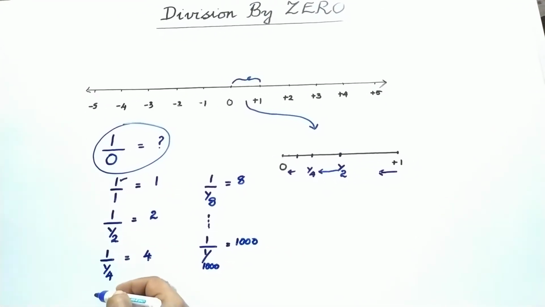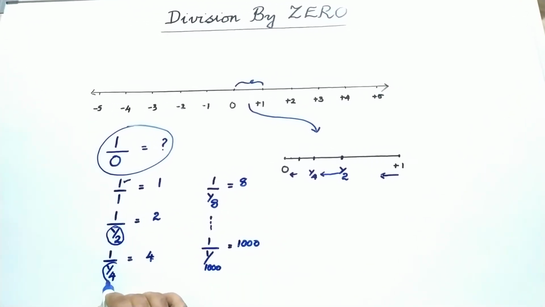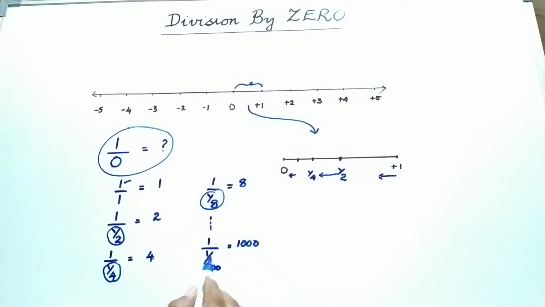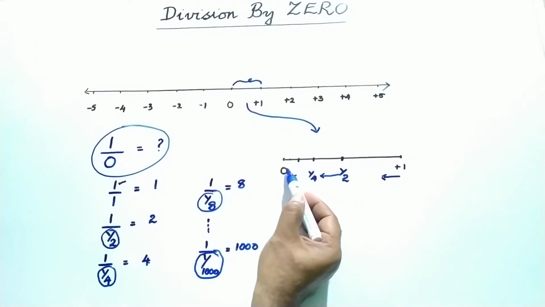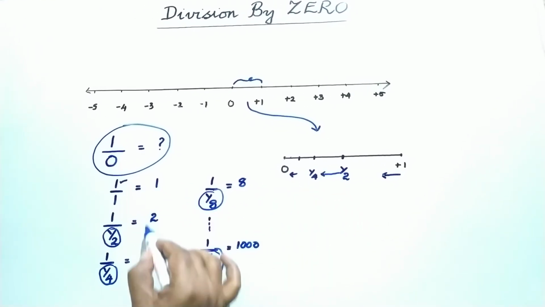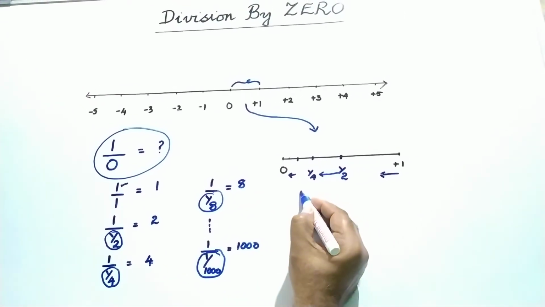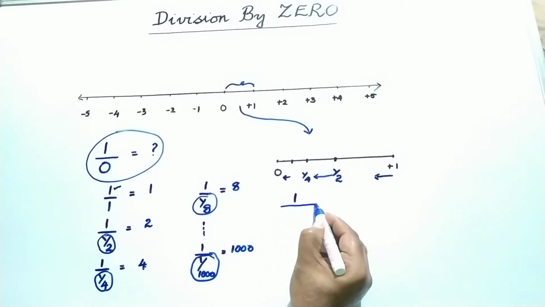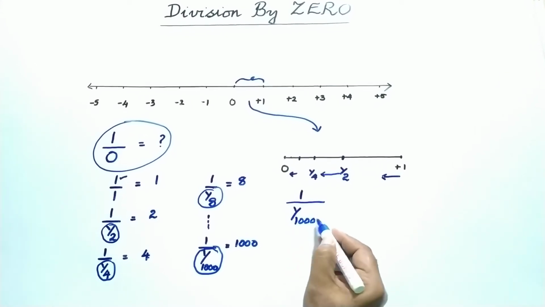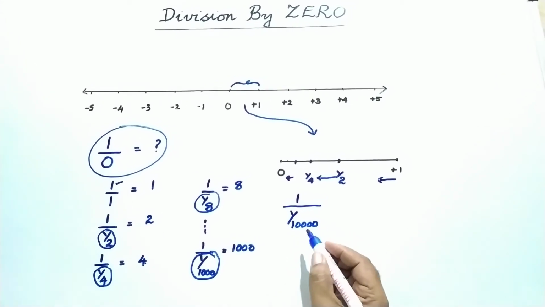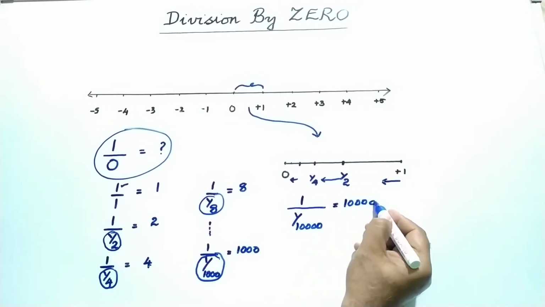So when the denominator becomes smaller and smaller, or I come nearer to 0, the answer of the fraction is increasing. If I come still nearer to 0, 1 by 10,000, the answer of the fraction will be 10,000.